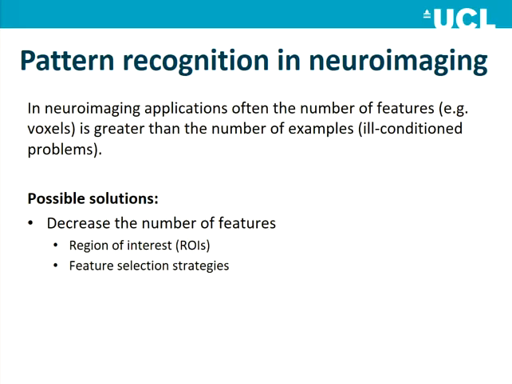You can use some feature selection strategy to decrease your number of features. And you can also use approaches such as searchlight, where you look at the local multivariate neighborhood. You have a sphere, and you just look at the multivariate information within this sphere, and then you travel with this sphere through the brain. But the approach I will be talking about today, which I think is a more general approach, is to use regularization and kernel methods. So I will talk about these two concepts now.